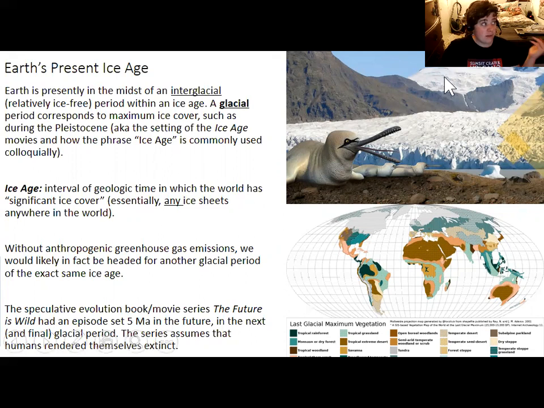For example, there was a speculative program about future evolution that I once saw called The Future is Wild, which was imagining a post-human world, essentially. It proposed a world 5 million years from now in which humans had gone extinct through unclear reasons, and the world was dry, cold, and inhabited by creatures like these giant whale-like birds, gannet whales. And that's one thing to consider, actually, when we talk about the Antarctic record of climate change.